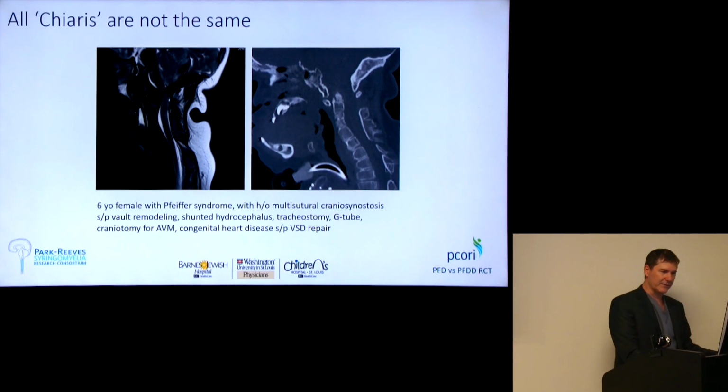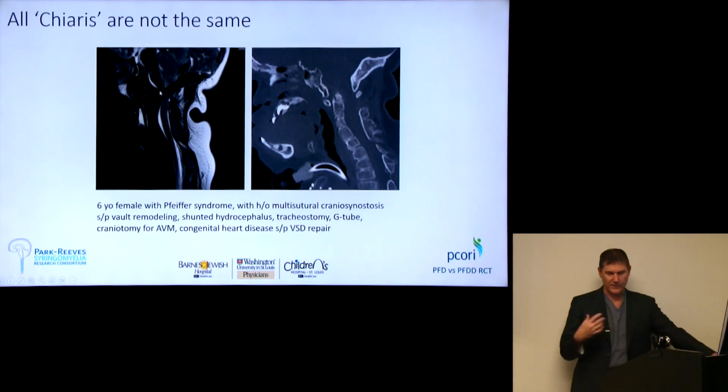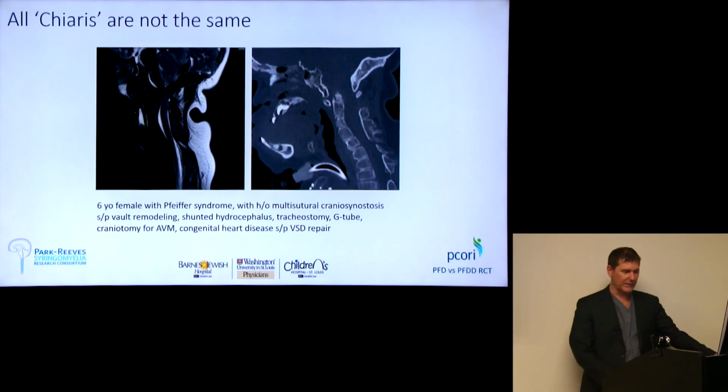But clearly this is a different problem than what we saw in those others. So you can see this is a complicated craniovertebral junction. The part of this second bone in the neck is up and pushing along the front part of the brainstem there. So this is more along the lines of the complex Chiari.